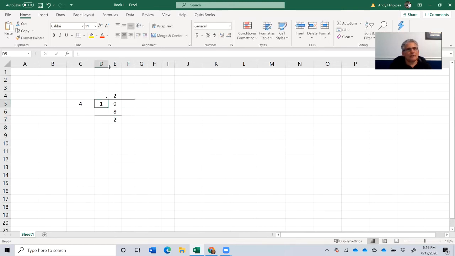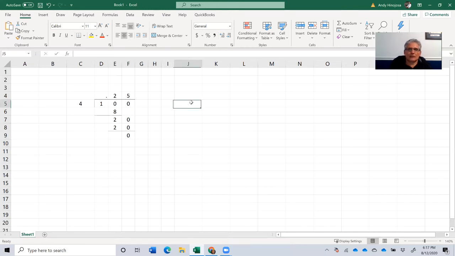And we continue this down so that we bring the 0 down here. 4 goes into 20 5 times. 5 times 4 is 20, and then 20 minus 20 is 0. So the result is 0.25.